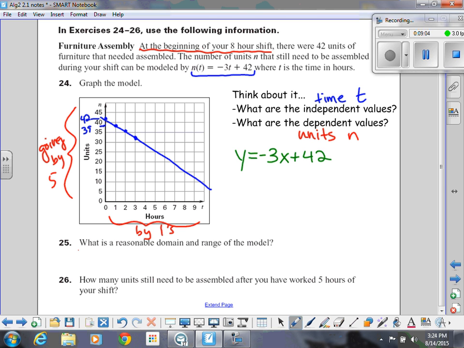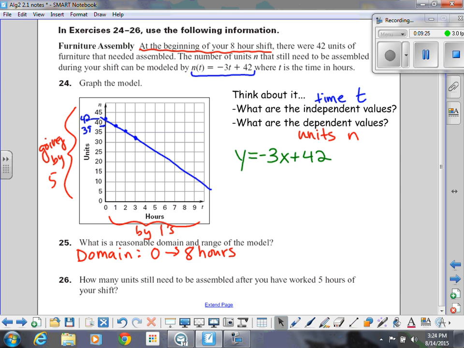So our domain, really the only values that make sense are going to be when t is between 0 and 8. So from 0 to 8 hours are the only values for the domain that make sense.